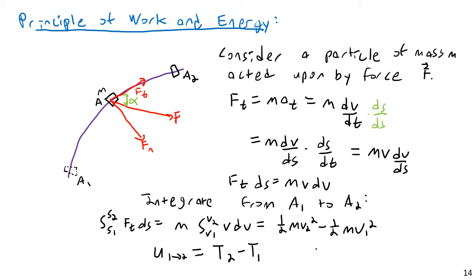So in other words, T is 1/2 mv squared, or our old friend kinetic energy. So we can see via basic integration that the U from 1 to 2, the work from 1 to 2, will be equal to the change in kinetic energy. Our old friend kinetic energy.